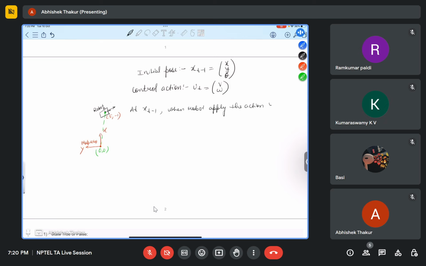The robot will move and reach the next point. So this is at t minus 1. Let's suppose the robot moved and rotated a little here.